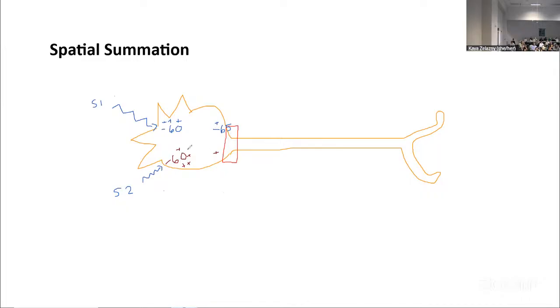So we might add together these 5-point changes. 5 from S1, then 5 from S2, getting this to -60 in that axon hillock. So this one wouldn't get us all the way to threshold using these fake numbers that I put in here, but you can imagine that if one or both of these stimuli were a little stronger, we could similarly get up to -55.